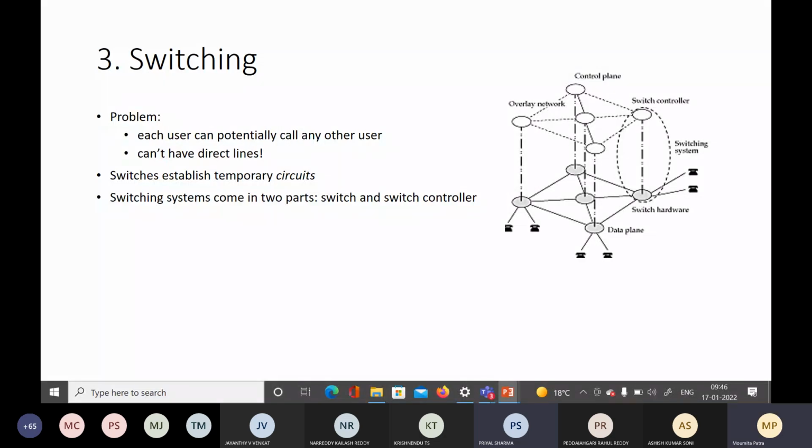At this point itself, you know that this person has made a call to a particular person in Hyderabad. That is the job here, and that is why there is a separation between the control and the data plane here.